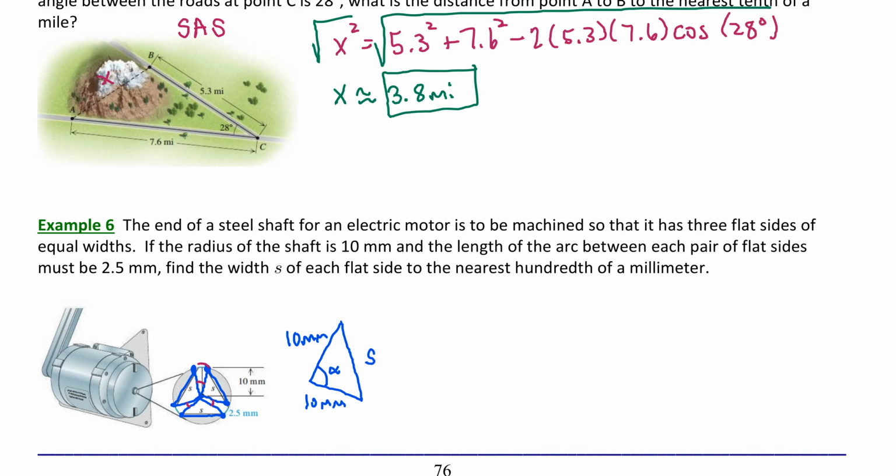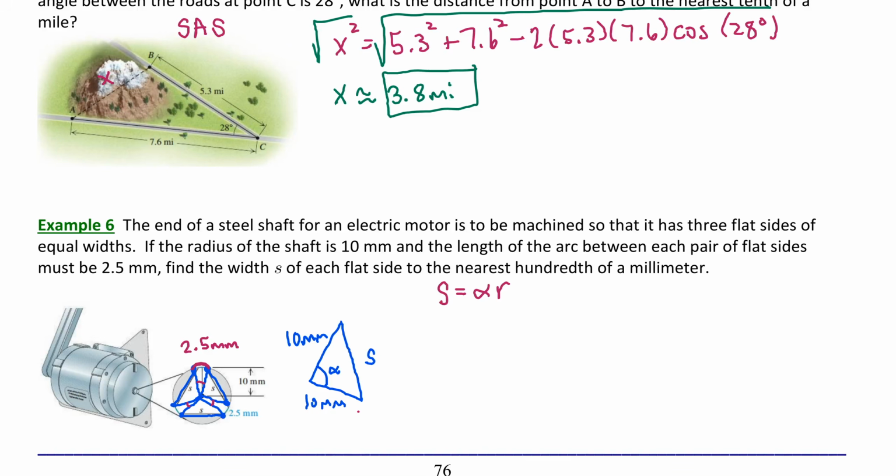So let's work on this triangle right here. Notice we have an arc of a circle, and the length of that arc is 2.5 millimeters. Recall way back from the beginning of the semester that the length of an arc, which is generally labeled as S, is equal to the central angle alpha in radians times the radius of the circle.